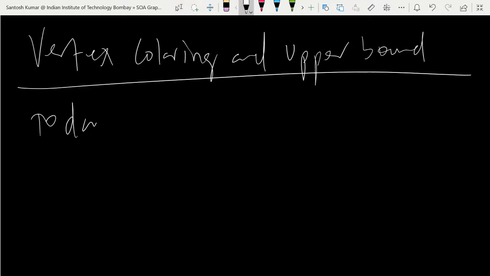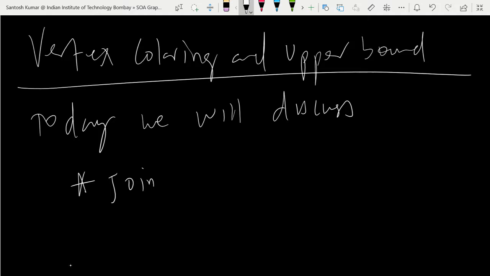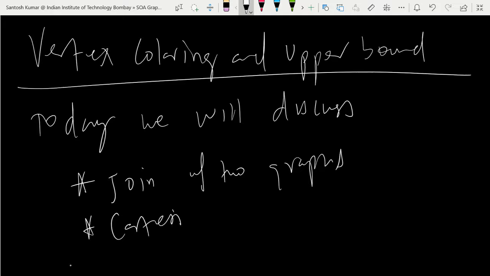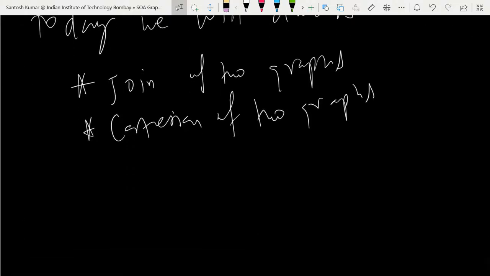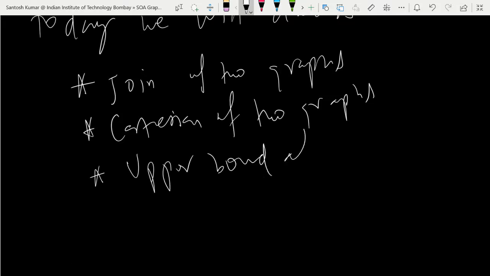So today we will discuss the join of two graphs, then the Cartesian product of two graphs, and the upper bound on the chromatic number.